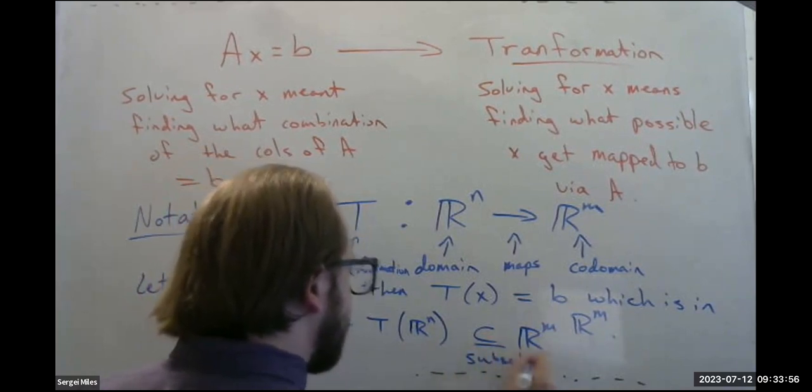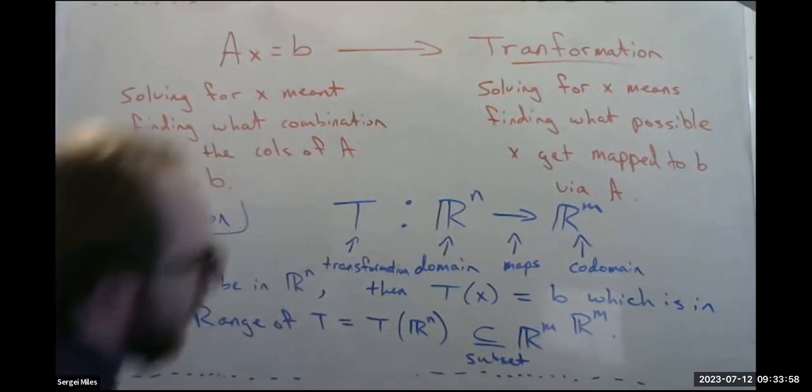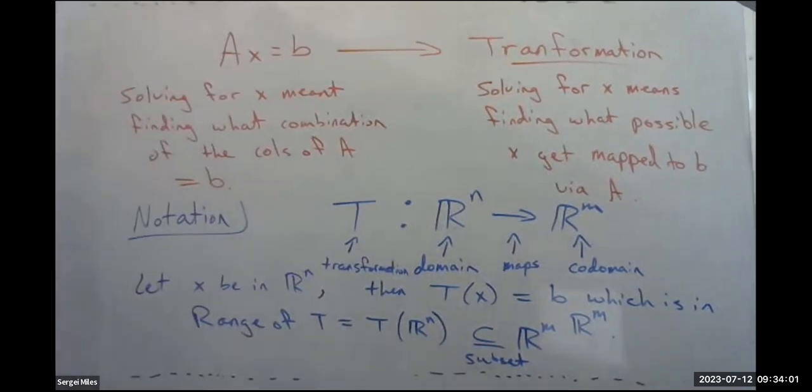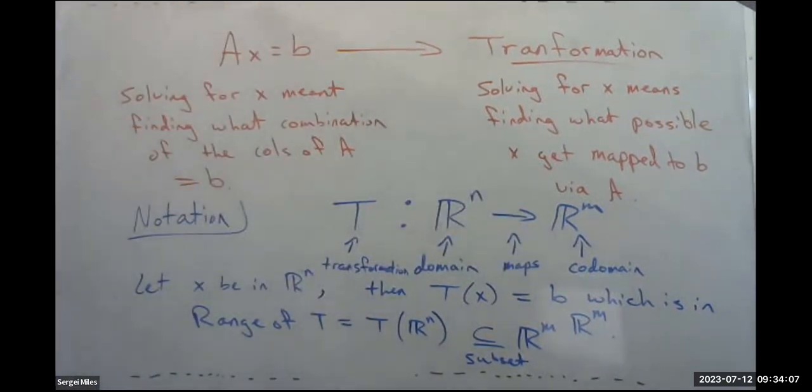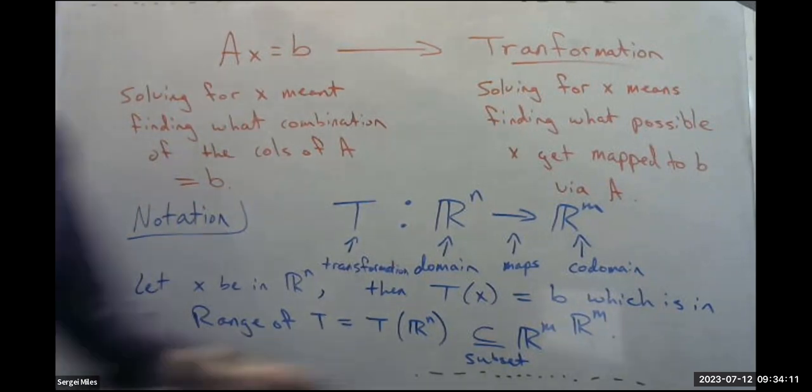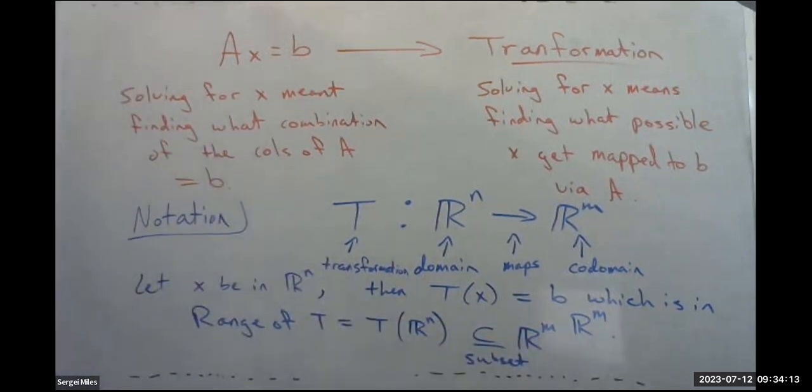Subset, if you haven't seen this notation before. Now, the range being a subset of Rm, our codomain, it could possibly be all of the codomain. It could be the range actually equals Rm, but that's not always going to happen.